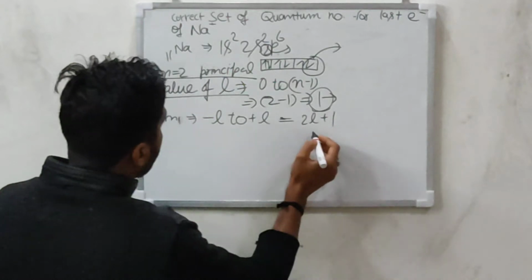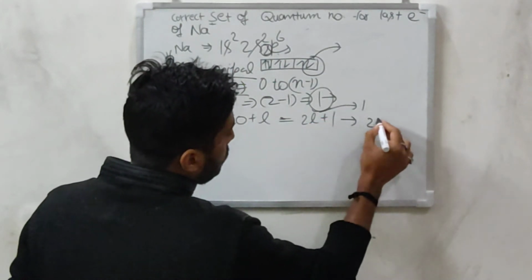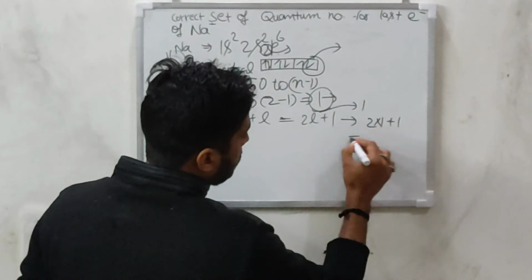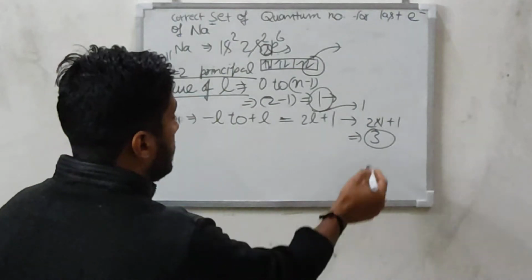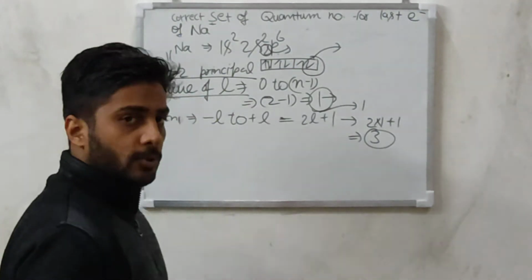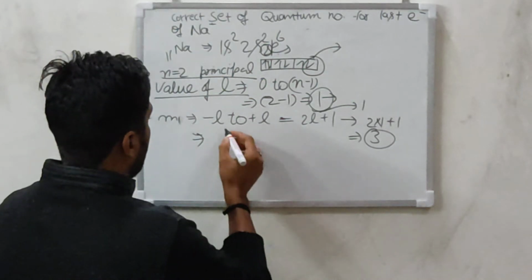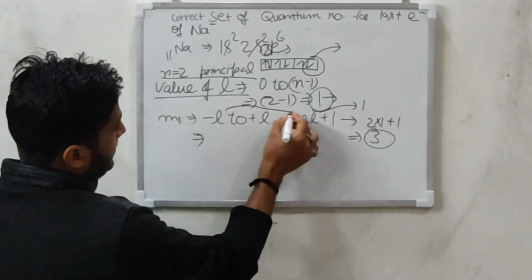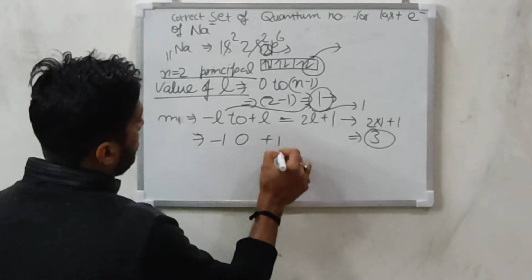In this case, if l is 1, then 2 into 1 plus 1, a total of 3 values of m are possible: minus 1, 0, plus 1.